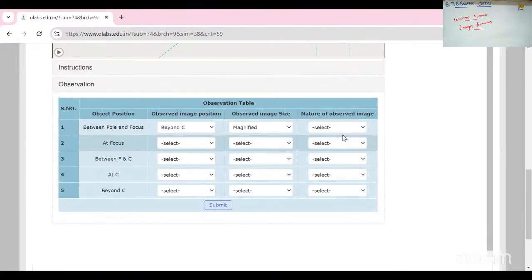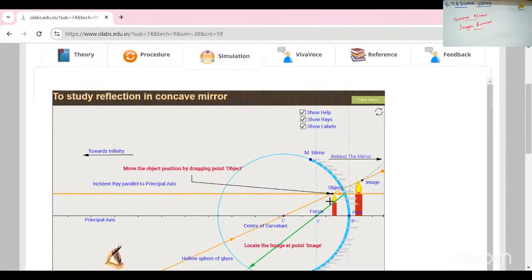And the next one is at the focus point. Now I am going to move the object to the focus point. Where is the image? We can't identify where it is. This is called infinity.